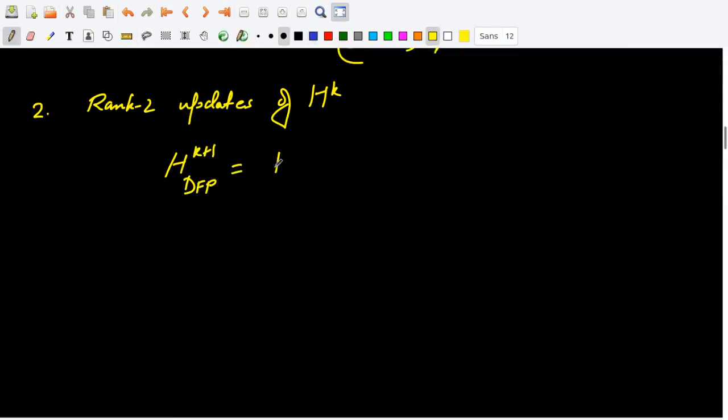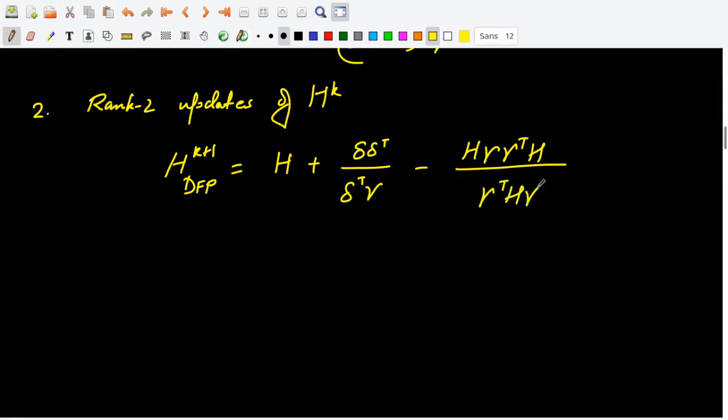It says that Hk plus 1 is equal to H plus product of deltas divided by scalar minus another rank 1 matrix divided by a scalar.